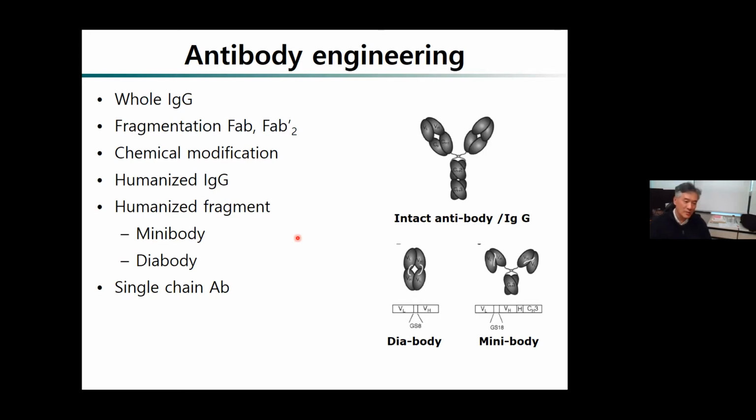Several researchers generate engineered antibodies, Fab, F(ab')2, single chain Fv, or any kinds of diabody or minibody. So reduce the size, that means reduce the blood circulation time.